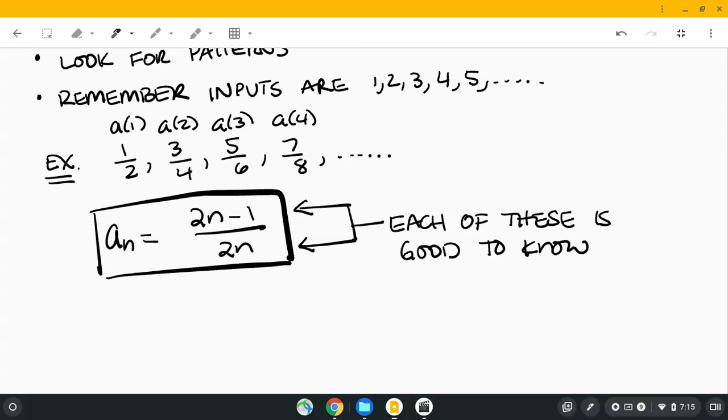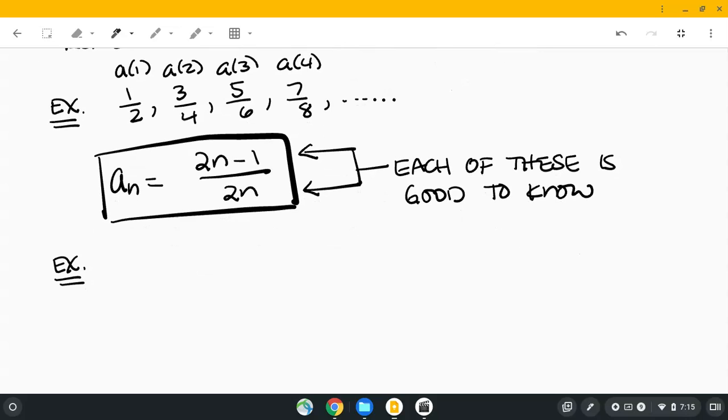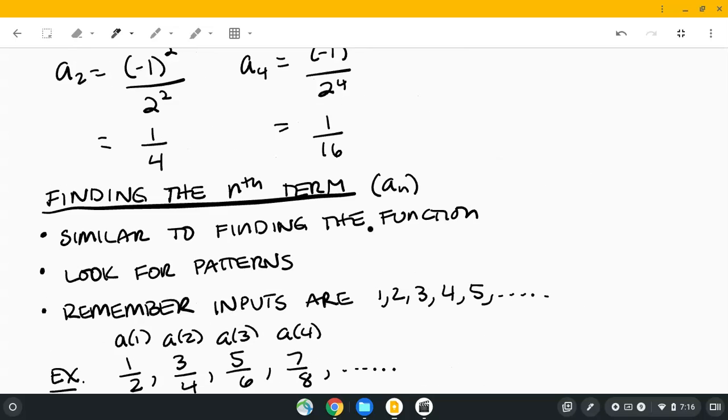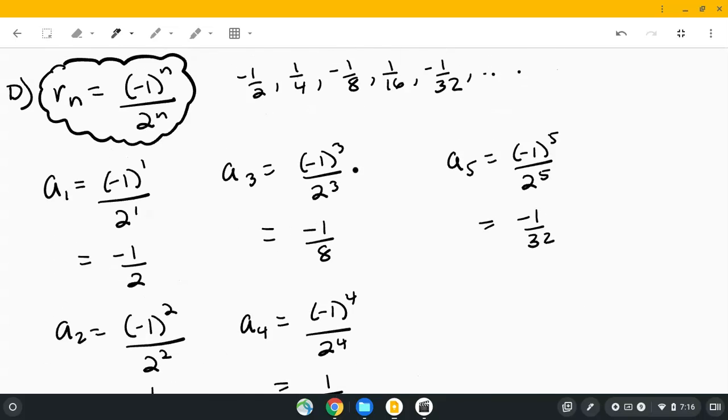Let's take a look at this one. -2, +4, -8, +16, -32. And it just keeps going. Okay. So we see that we have this alternating sign happening here, just like we did up here, which I was trying to warn you about.